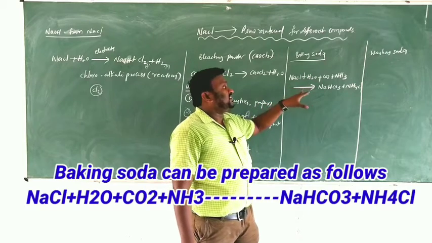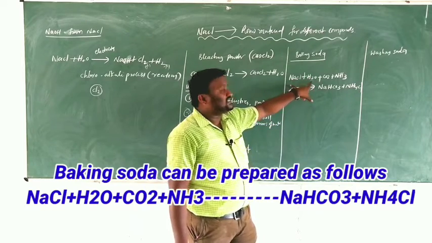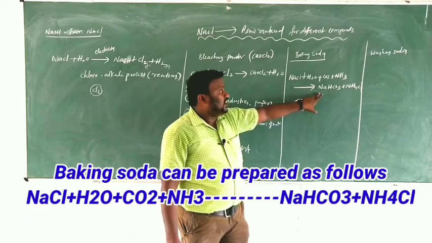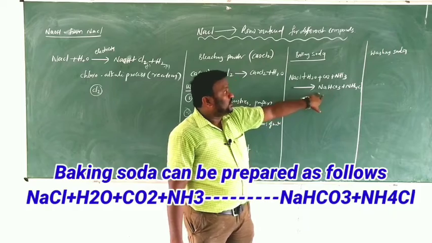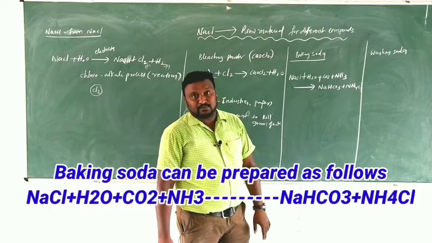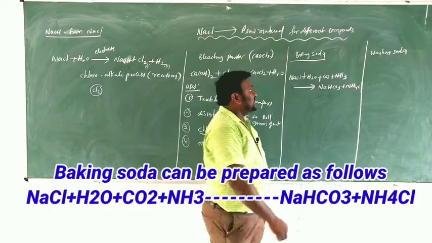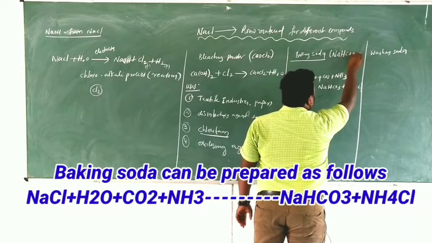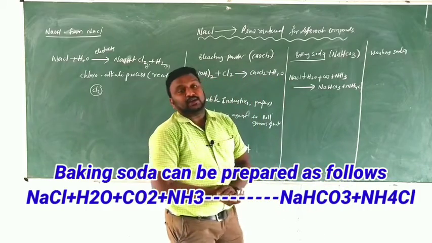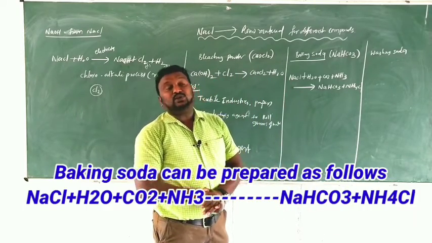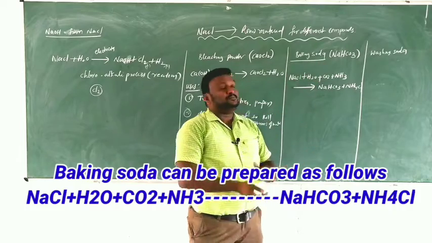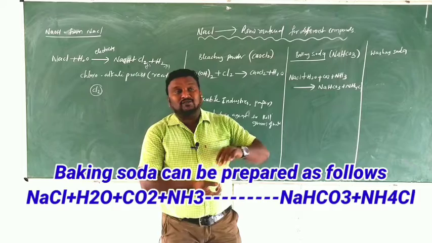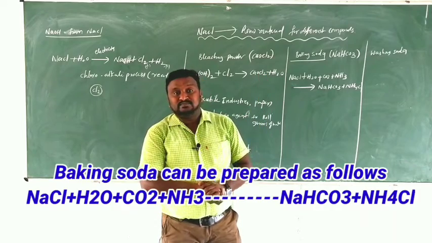When aqueous ammonia and sodium chloride are combined with carbon dioxide, we get NaHCO3, sodium hydrogen carbonate. That is why this NaHCO3, sodium hydrogen carbonate, is known as baking soda. Clear, children? What is the chemical formula of baking soda?